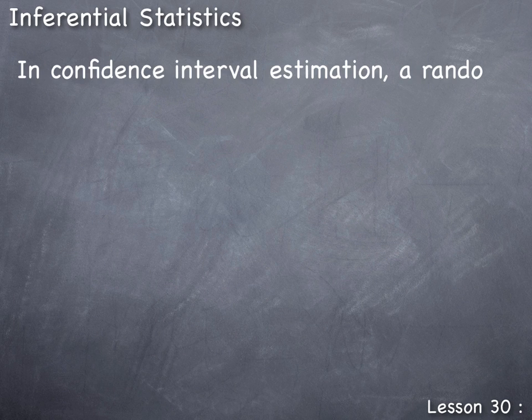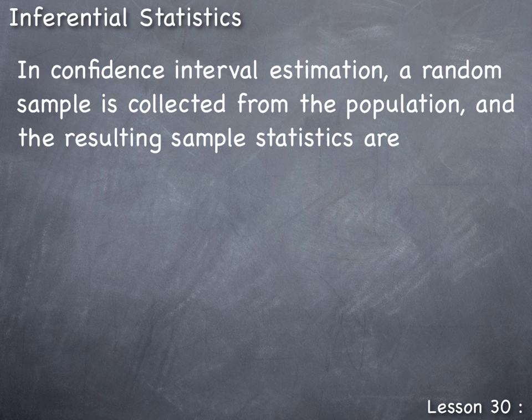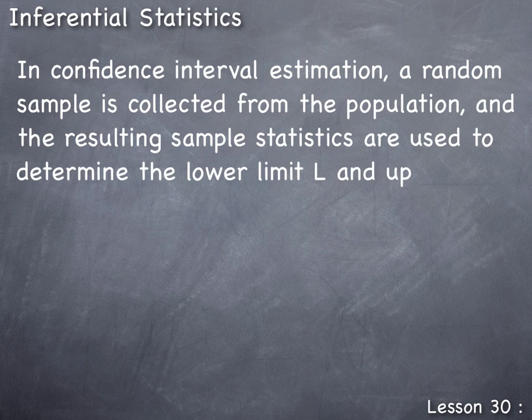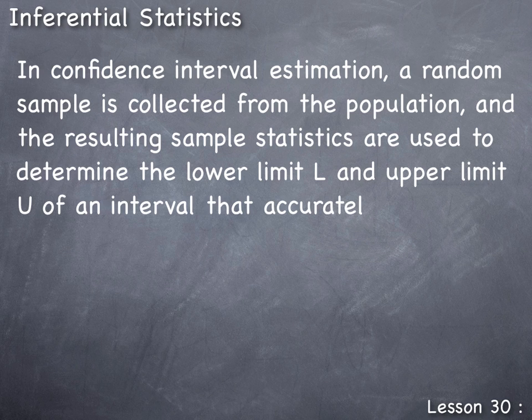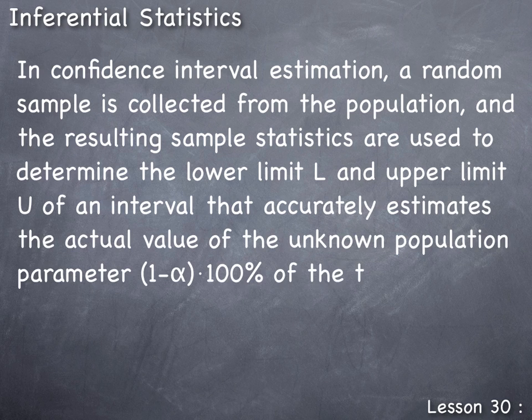In confidence interval estimation, a random sample is collected from the population, and the resulting sample statistics are used to determine the lower limit L and upper limit U of an interval that accurately estimates the actual value of the unknown population parameter, 1 minus alpha times 100% of the time.